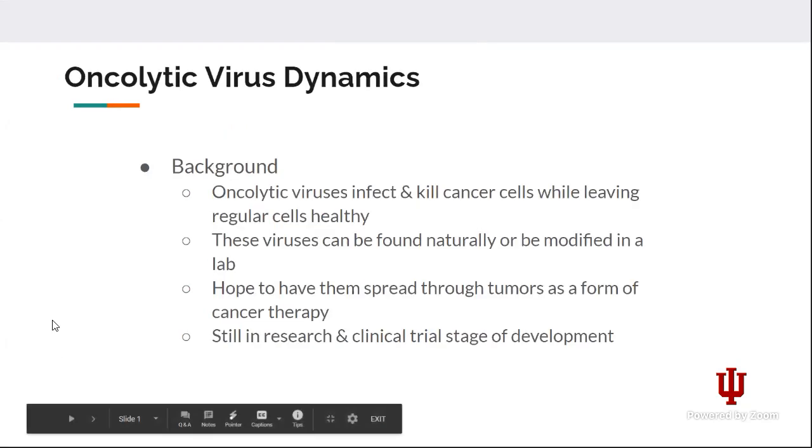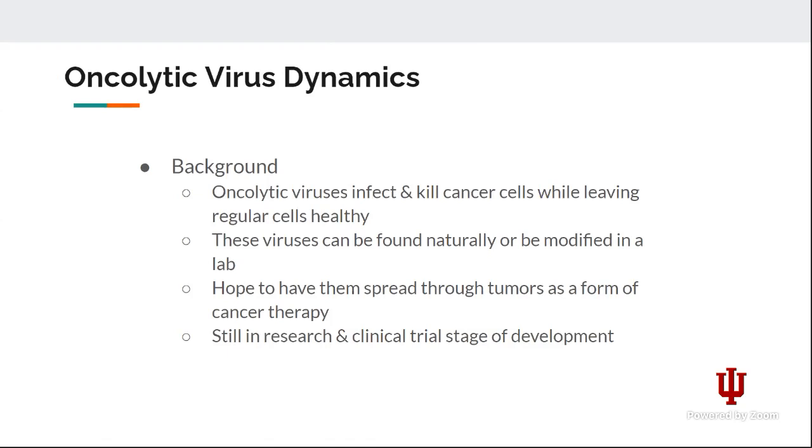So I wasn't too sure what I wanted to do coming into the project, so I started surfing through different papers, and one of them that I came across was oncolytic virus dynamics. Oncology is the study of cancer, and this method uses viruses that infect and kill cancer cells and leave regular cells healthy.